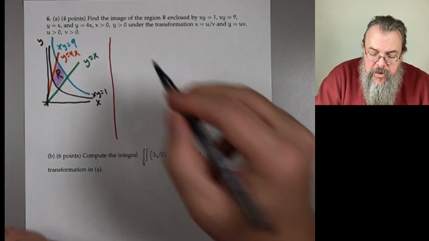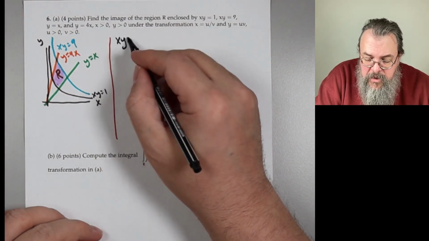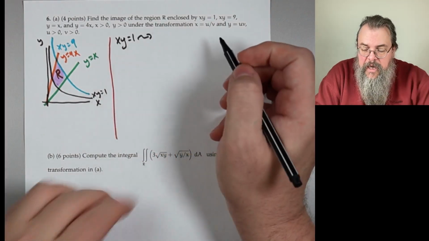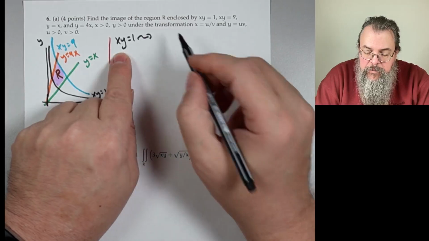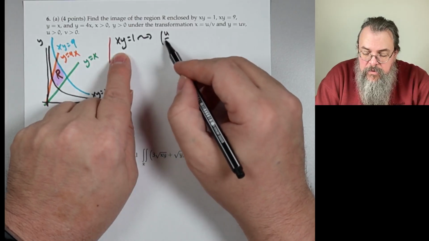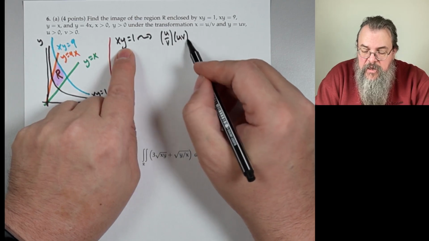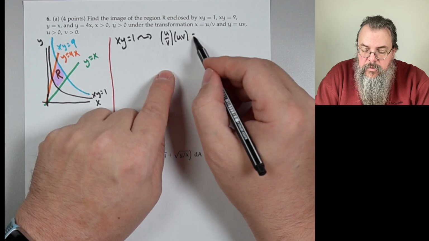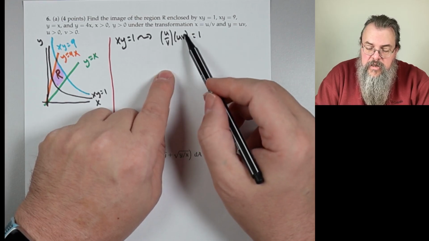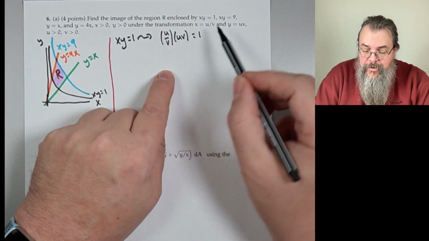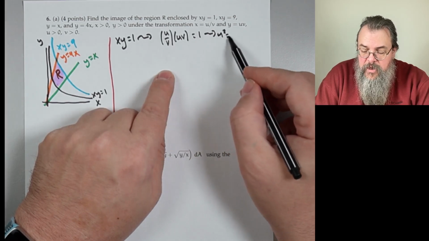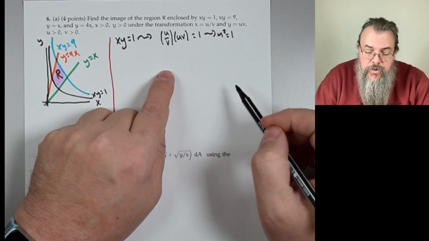So, well, xy equals 1. We're going to replace x by u over v. So this becomes u over v. Y is u times v, and equals 1. Well, we can cancel the v's. So this becomes u squared equals 1. We'll take the square root.